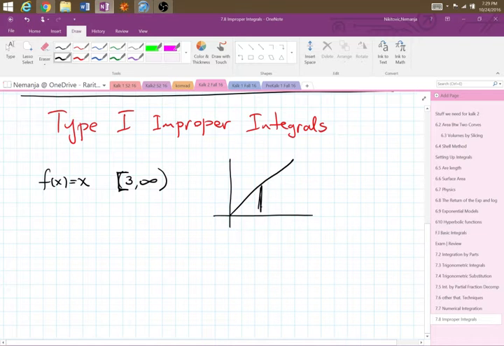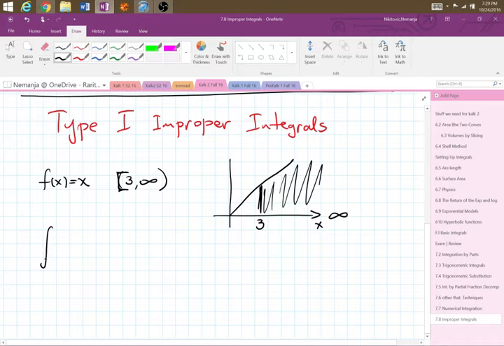This is where 3, let's say, is. And then infinity is this way on the x-axis. So we're looking for this area here. It's clear from the picture immediately that the answer must be infinity, right? And we will call that divergent because it doesn't converge to a value.